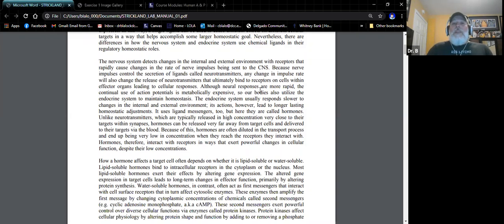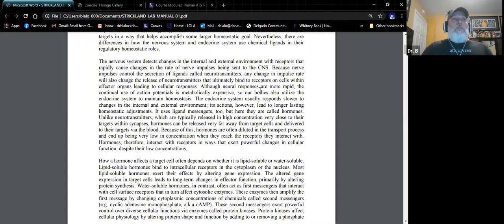It's also very metabolically expensive, using a lot of ATP for us to be able to maintain things. So the endocrine system gives us a way that is going to have longer lasting effects, but it's also going to be cheaper for our body based on ATP usage.